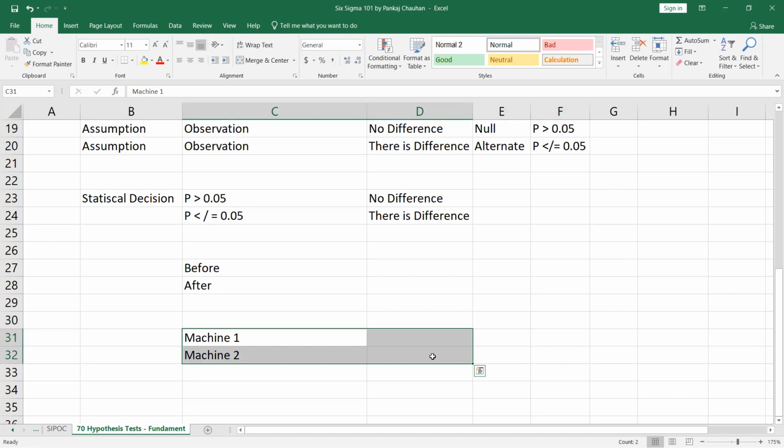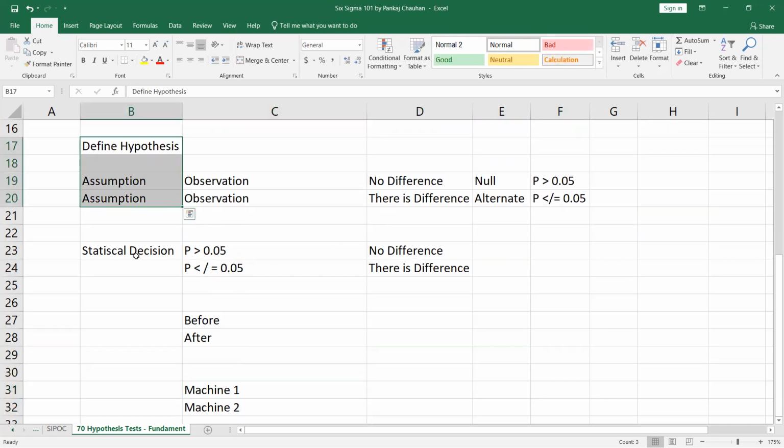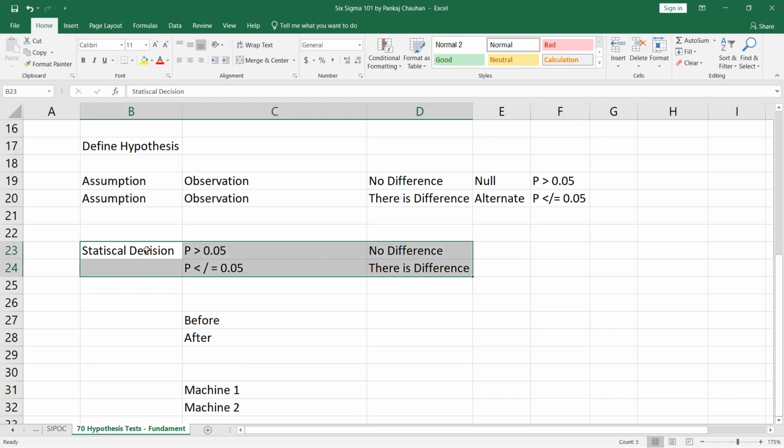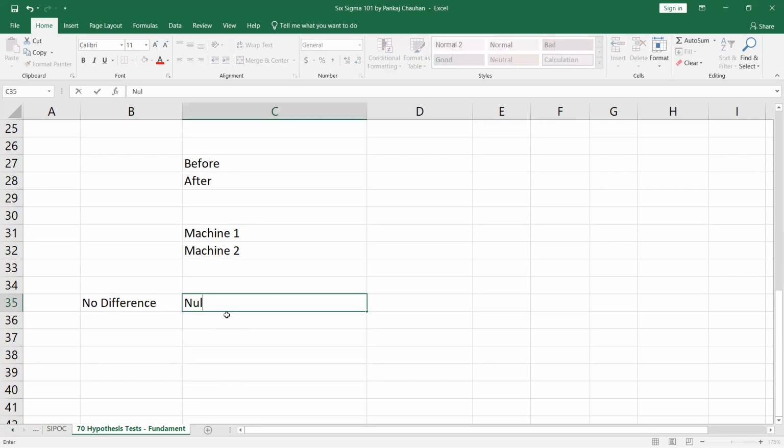So we have to understand first what exactly our hypothesis is, what we are trying to prove. We define that, and according to that, whatever result comes, we take a decision. But in case you are not taking the right decision, suppose actually there is no difference, which means it's a null hypothesis and your p-value is greater than 0.05.